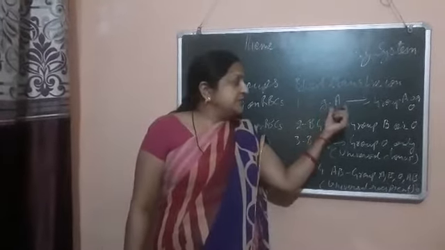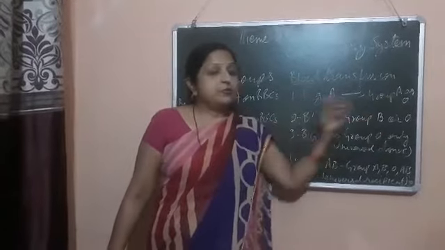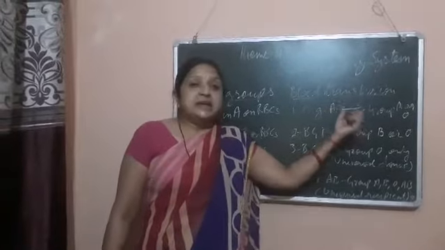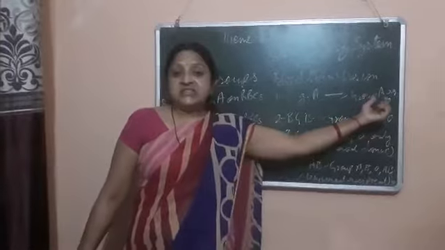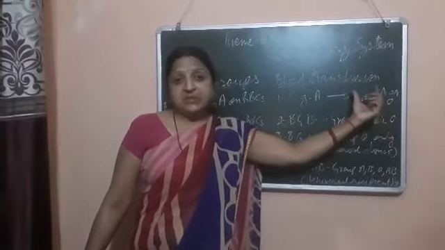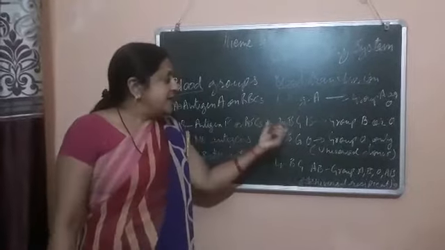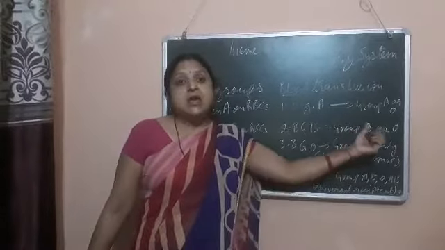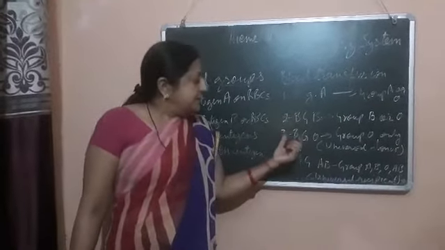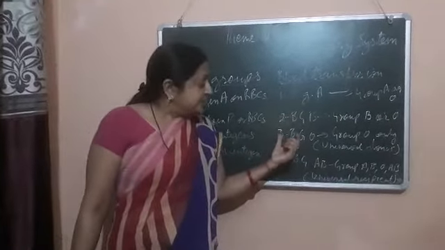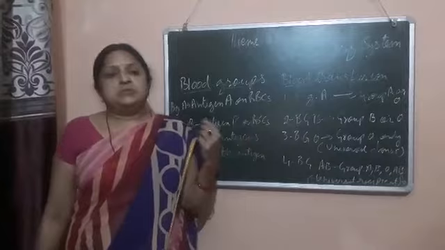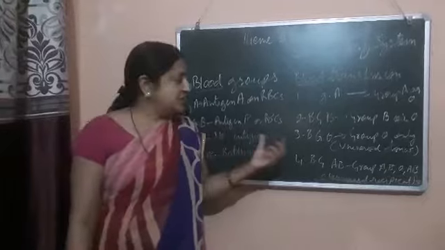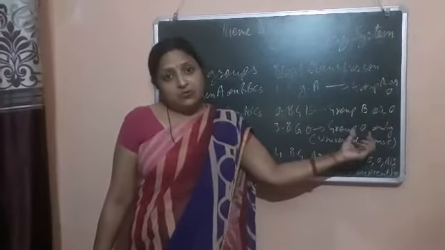A person having blood group A can accept blood of group A and group O. The person having blood group B can accept the blood of group B or O. And a person having blood group O can accept the blood of only group O, not A and B.